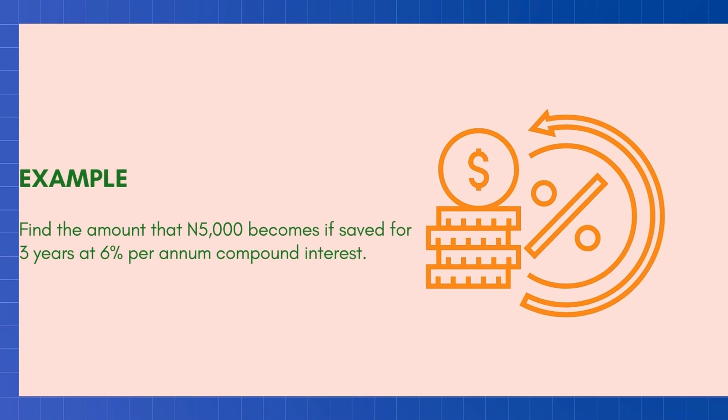Find the amount that 5,000 naira becomes if saved for 3 years at 6% per annum compound interest. Solution. In the first year, you will recall that the principal is 5,000 naira.